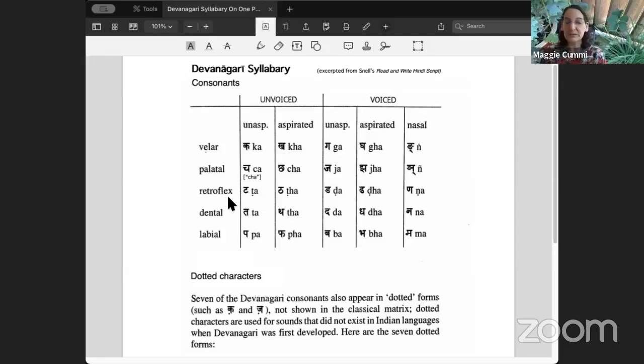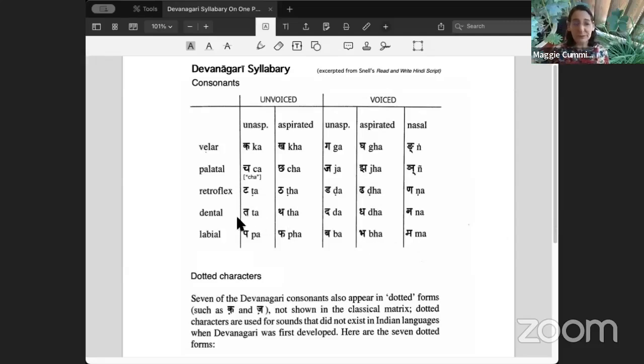So what does that mean? So for the dental T's and D's, we have to put our tongue firmly against the area where the teeth and the palate meet up. So the very top of the teeth where you can start to feel the, what do you call that thing? The palate, the flesh.